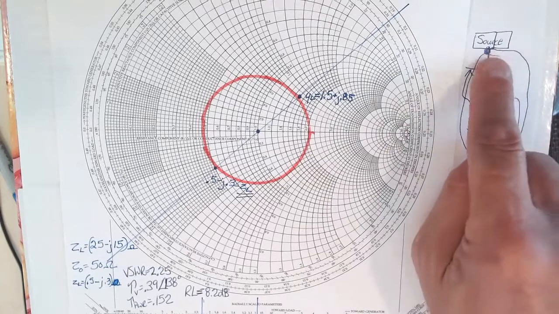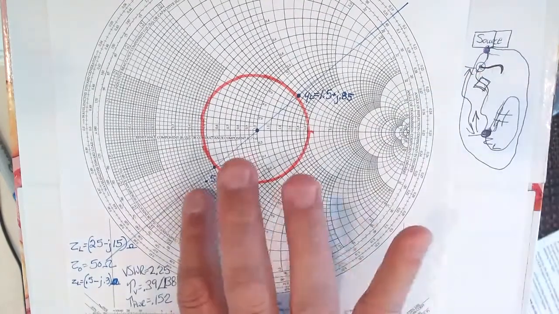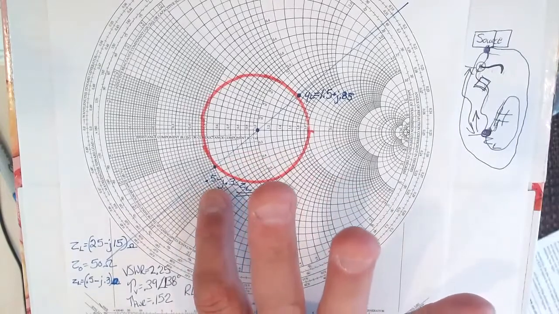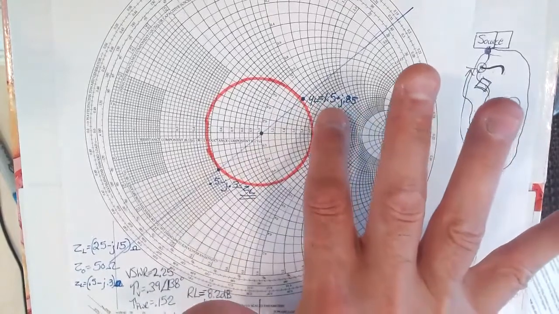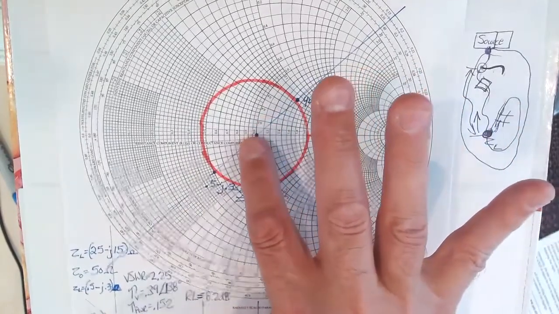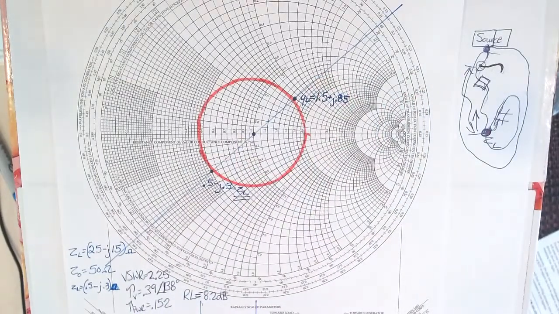But if I'm going to put a parallel stub in there, I do not want to bring the impedance back to the center. I want to bring the admittance back to the center. Admittance for parallel stub matching, impedance for series stub matching. It just makes it so much easier to use the Smith chart that way.